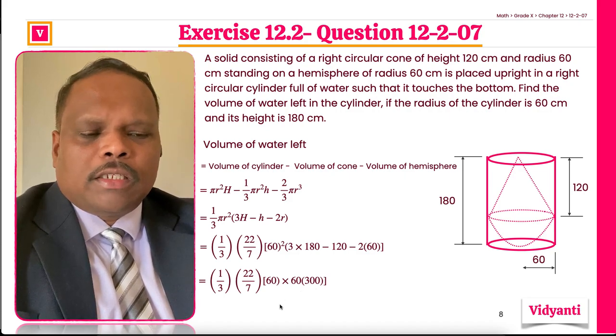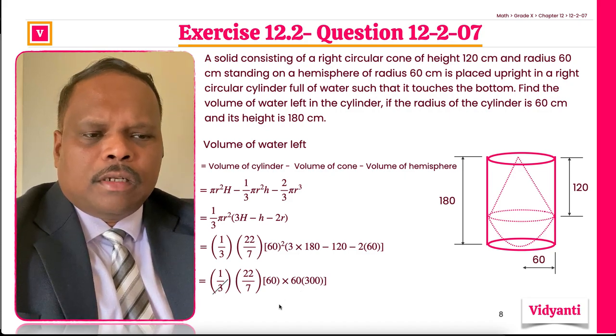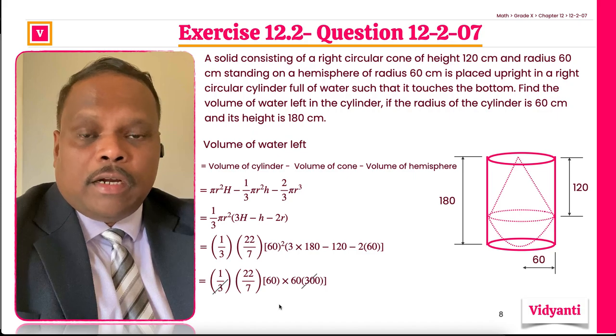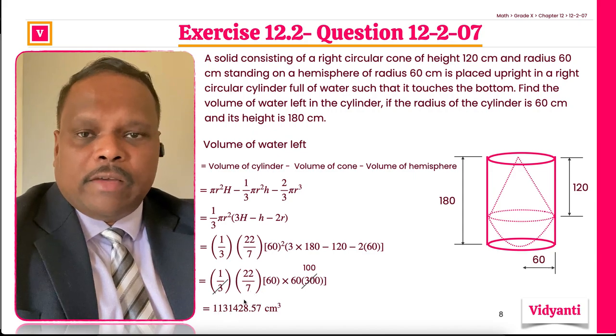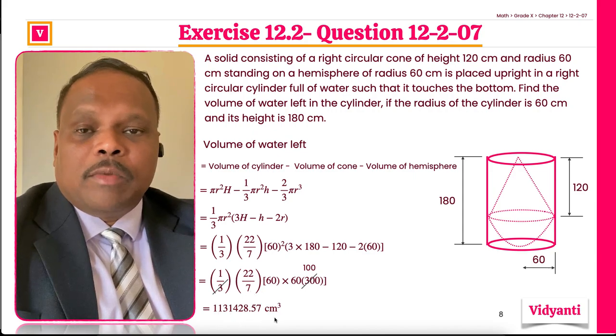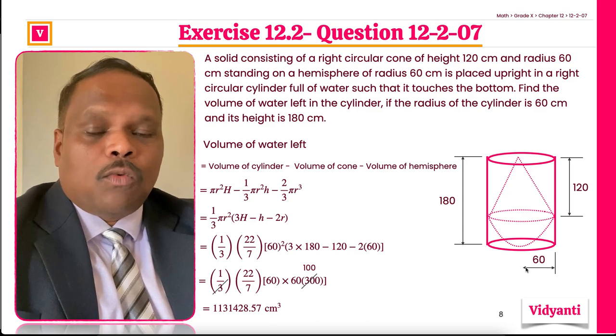Now let us see what we can cancel. This 3 can be cancelled with 300, and only 100 remains, and nothing else can be cancelled. So we'll multiply this and divide by 7. The answer comes out in centimeter cube, because this is volume.